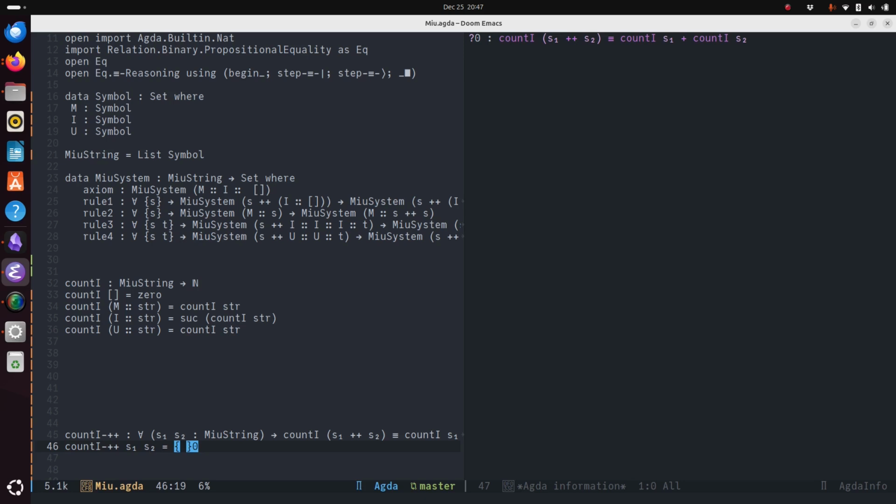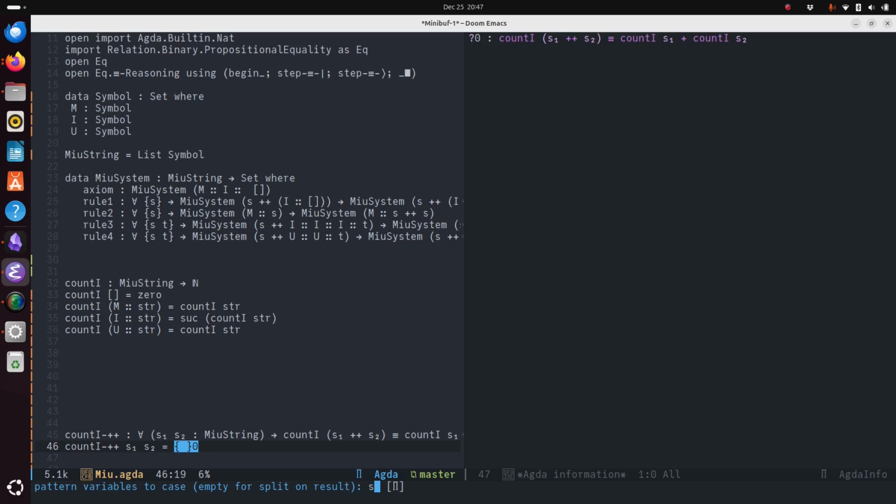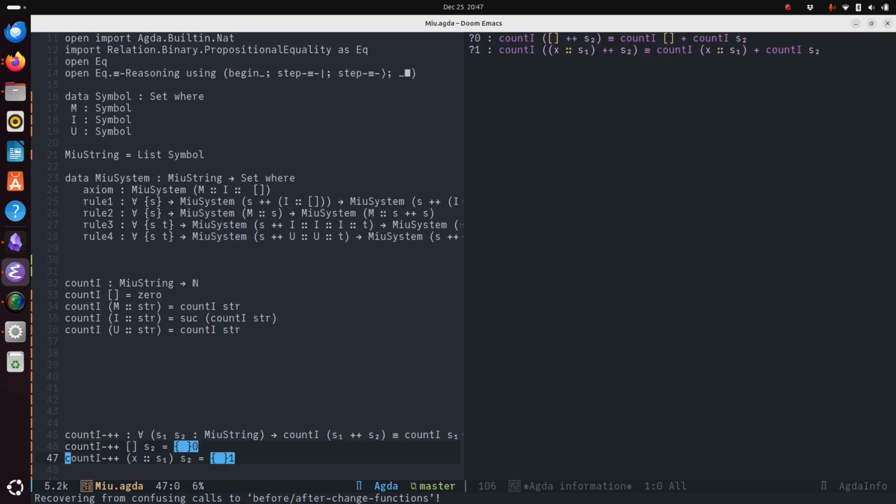So I will perform pattern matching on S1 again. So we have again two cases, where S1 is empty, or S1 is non-empty.